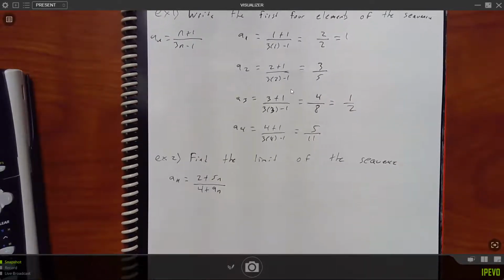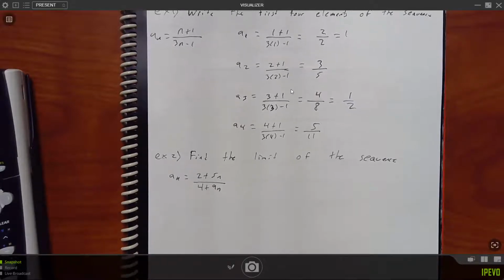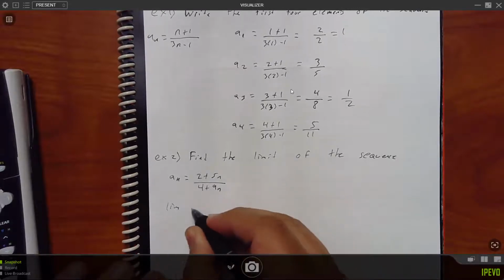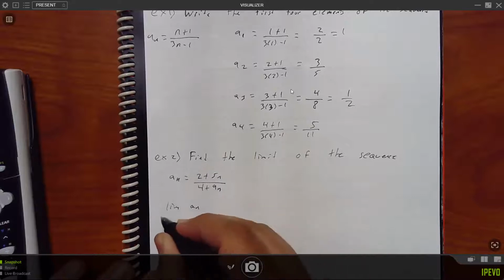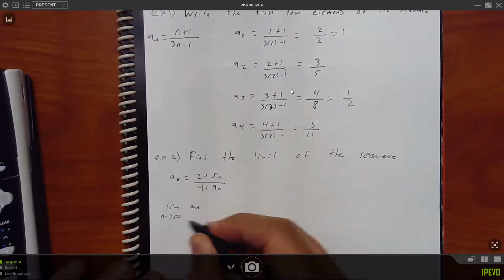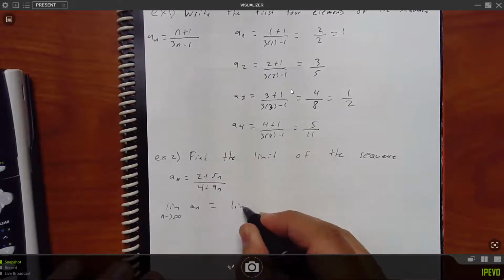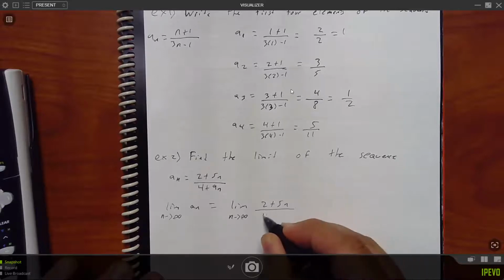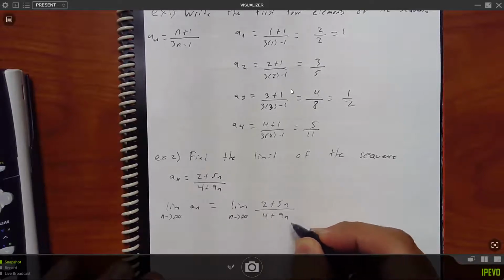Okay. So the limit of a sub n as n goes to infinity is going to be the limit as n goes to infinity of 2 plus 5n over 4 plus 9n.